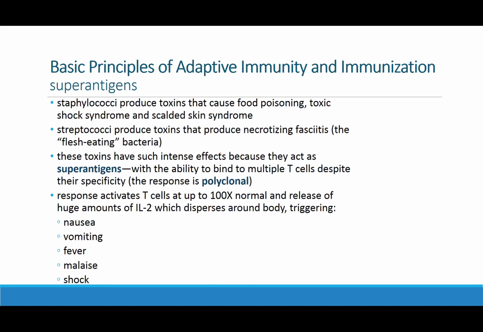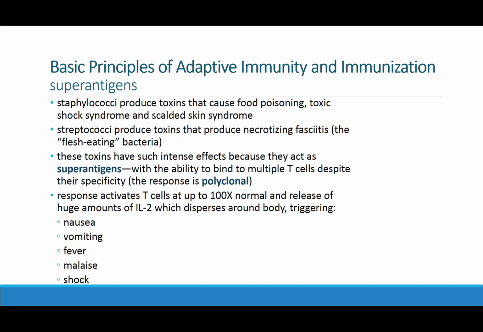Okay, the last concept here is the idea of a superantigen. Some examples: Staphylococcus can produce toxins that lead to all the symptoms we associate with food poisoning, with toxic shock syndrome, and with another condition called scalded skin syndrome, where the skin becomes bright red.